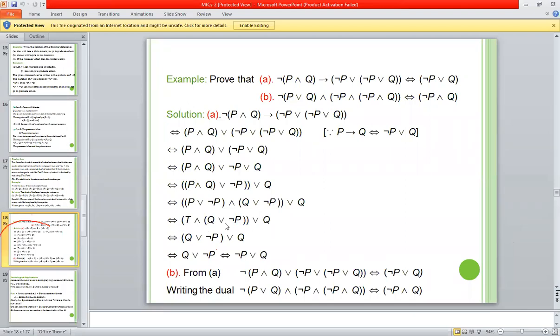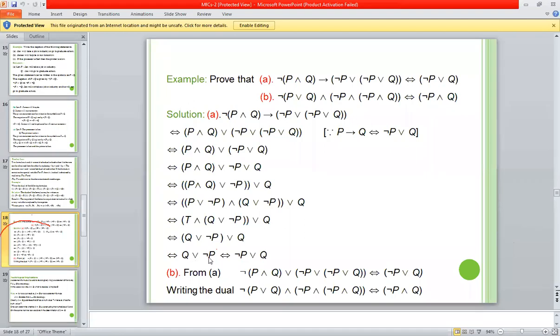So true and (Q or negation P or Q). By the domination law, this value is equivalent to Q or negation P or Q. Here also by the associative law, Q or Q is equivalent to Q by the idempotent law.